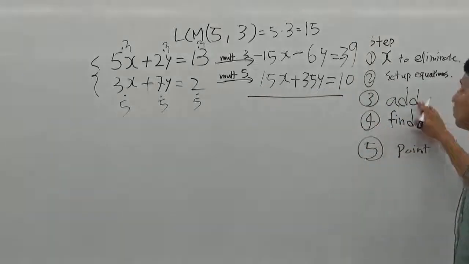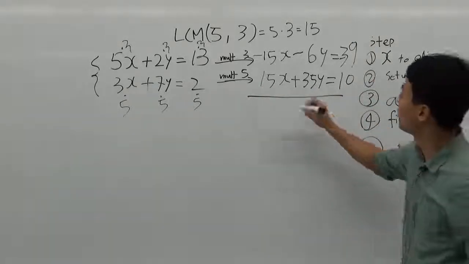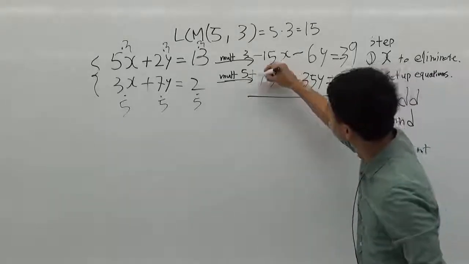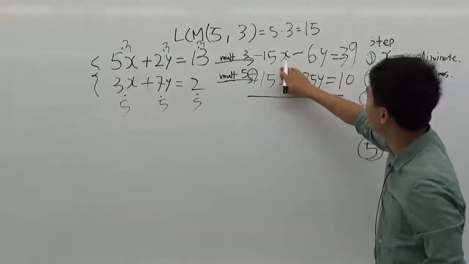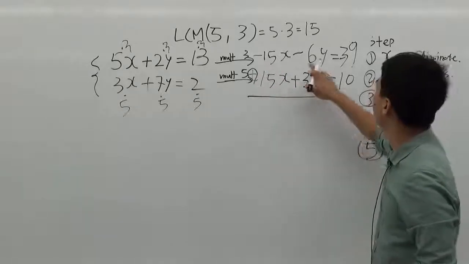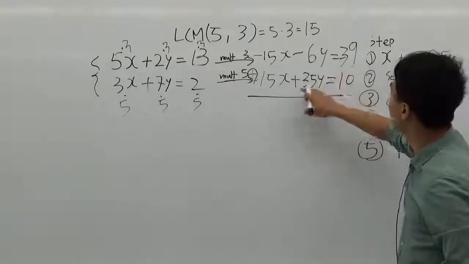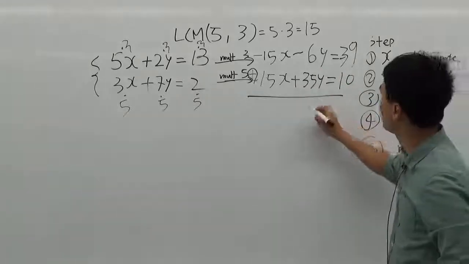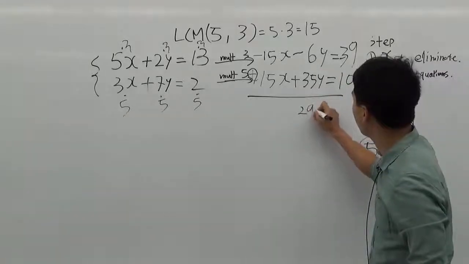And the third step, we add the equations. -15x plus 15x will be 0. And -6y plus 35y will be 29y.